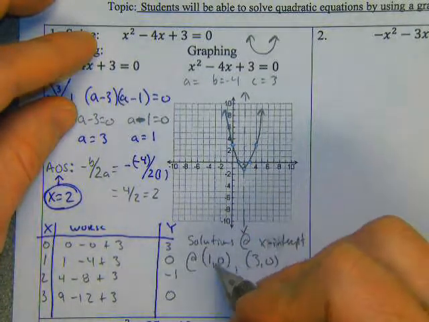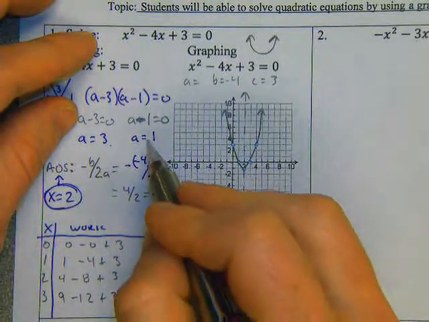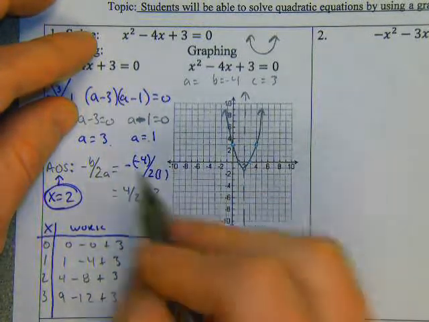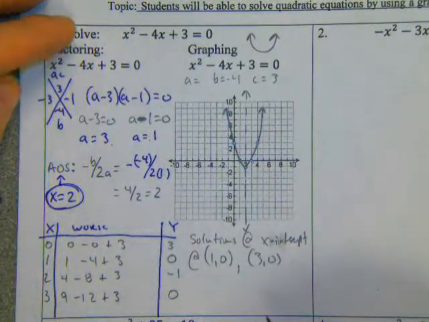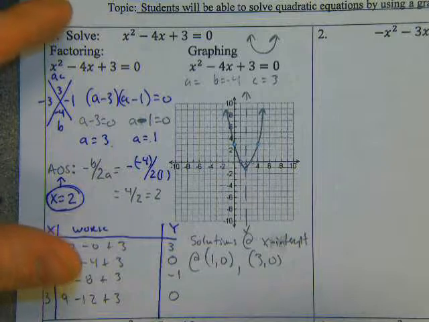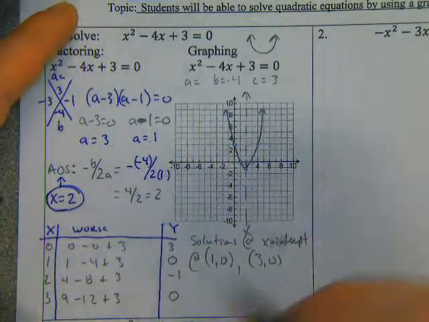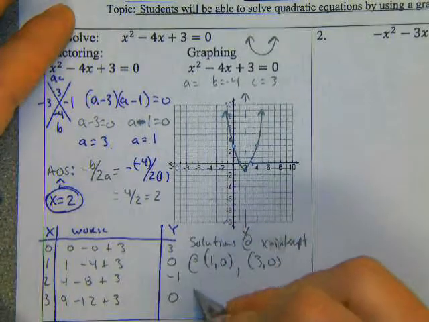Now that should be the same as the factor 1 and 3. 1 and 3, same thing we got here. So again, more evidence that we're in a good spot. The vertex is going to be right here.